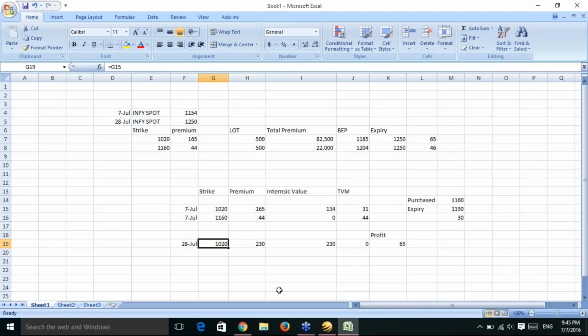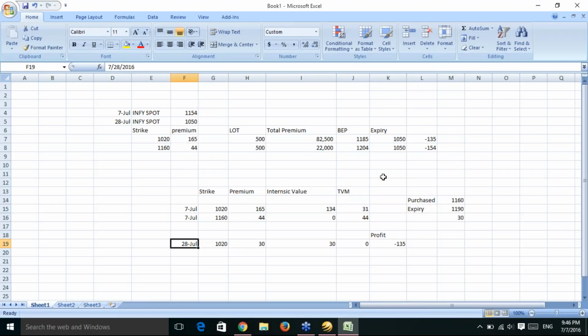Now what if the market is not at 1250, the market is expiring at, let's say, 1050. In that situation you will lose 135. Why? Because you purchased at 1020, the market went to 1050, it is 30 rupees above.